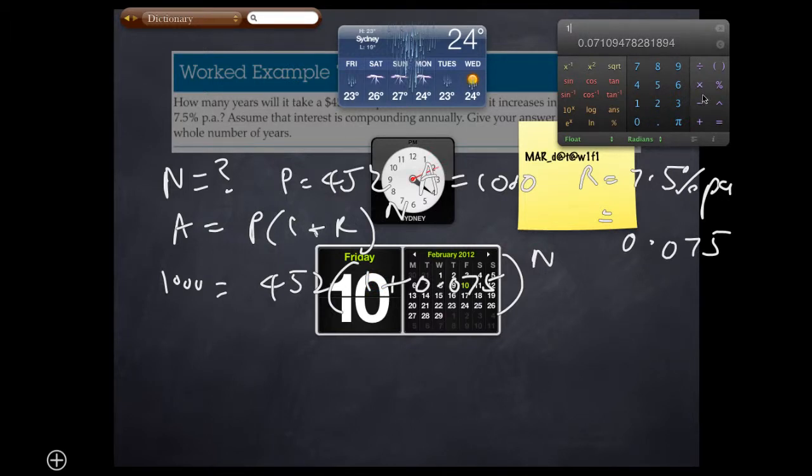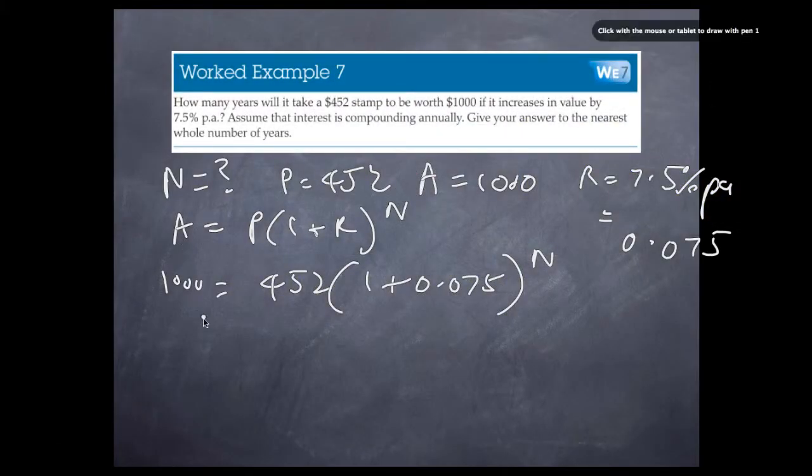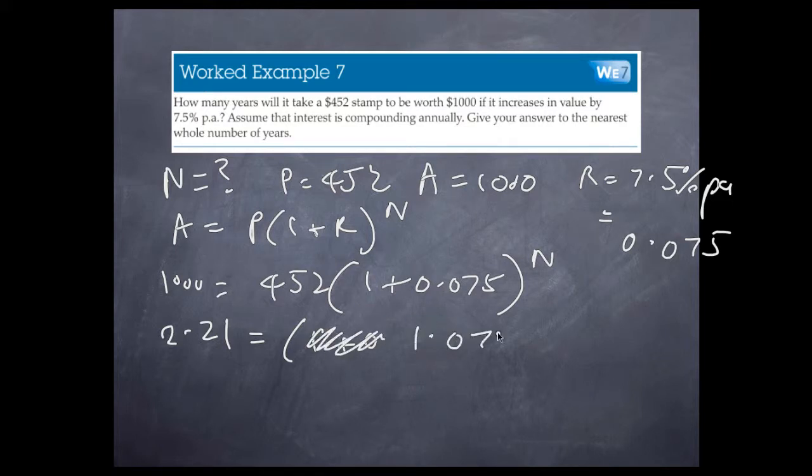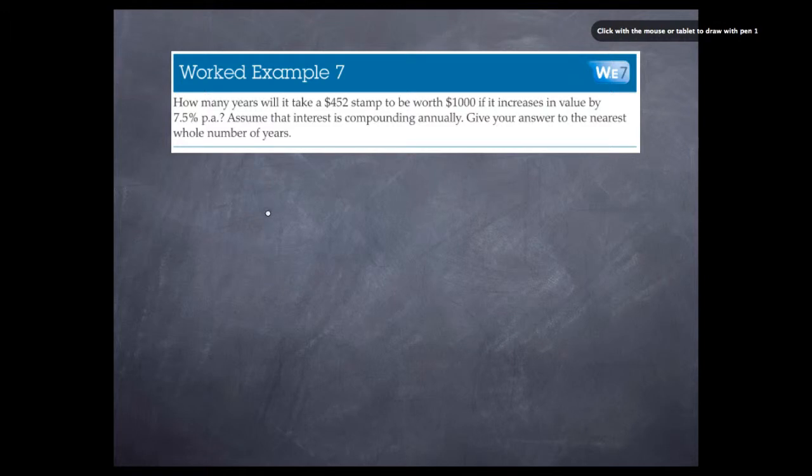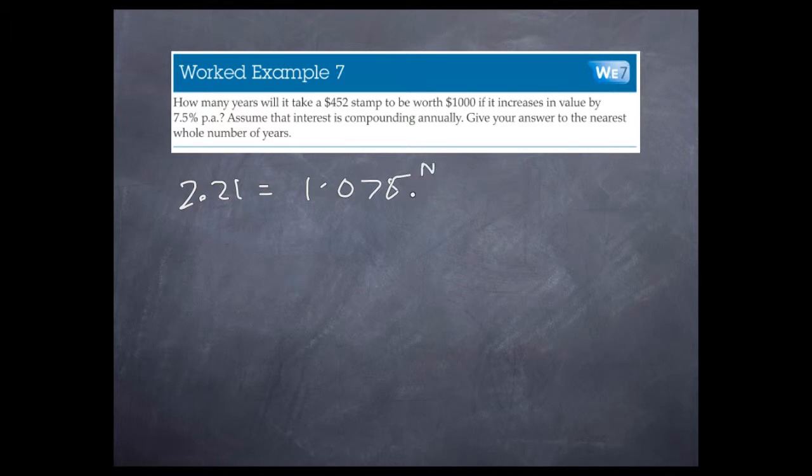That's 2.21. So 2.21 is equal to 1.075 to the power of n.